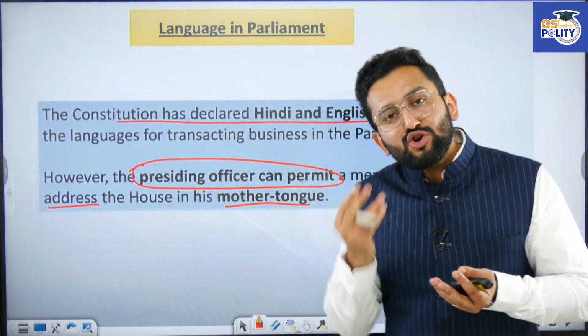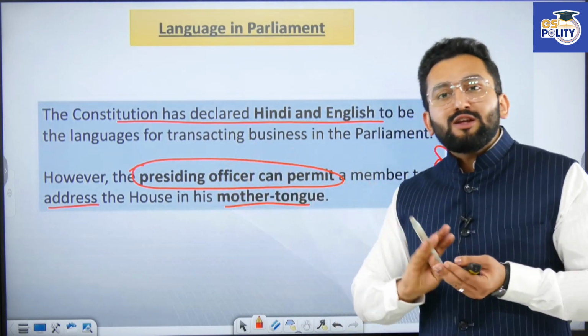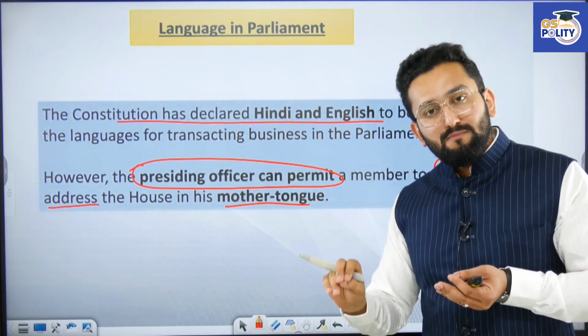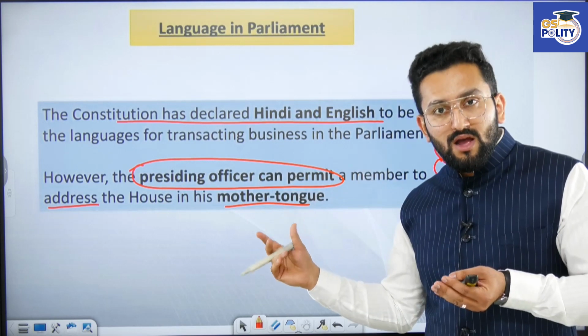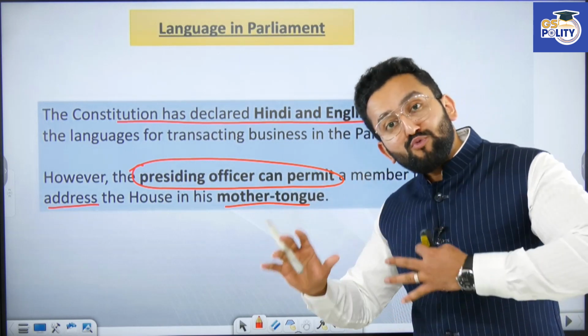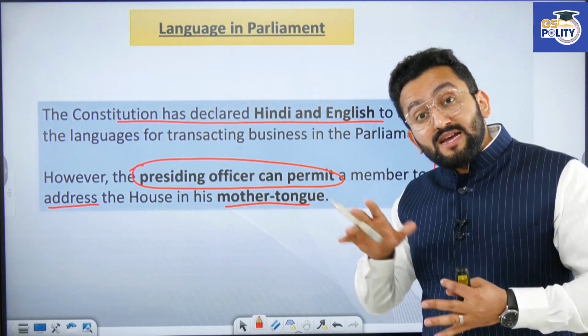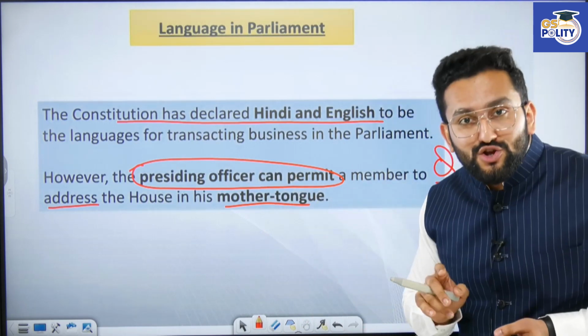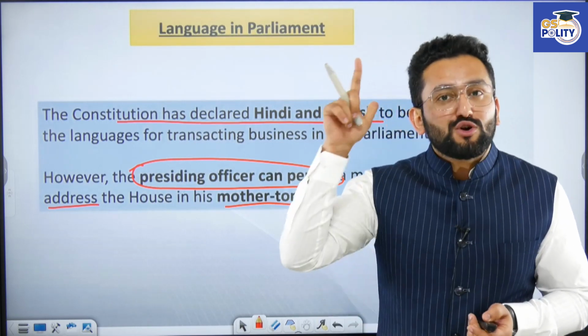And the question I framed is: by getting permission from the presiding officer, a member can present the whole bill in mother tongue, and the House can conduct its proceedings in a language other than Hindi and English. The statement is true or false, you have to tell me in the comment box.